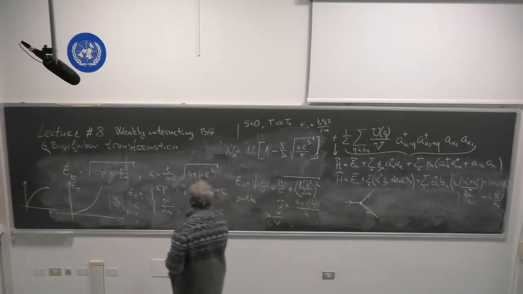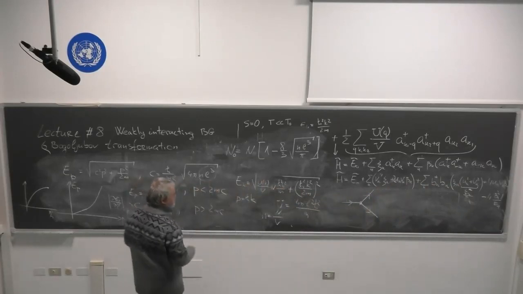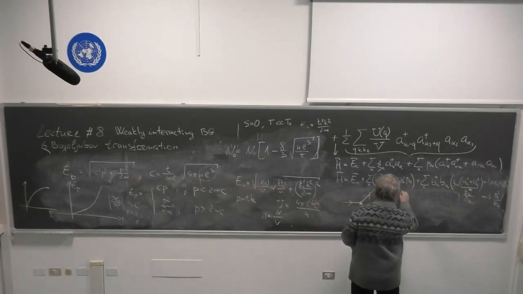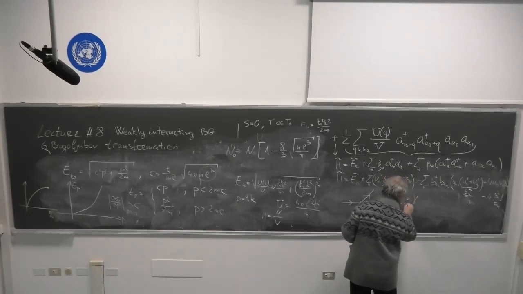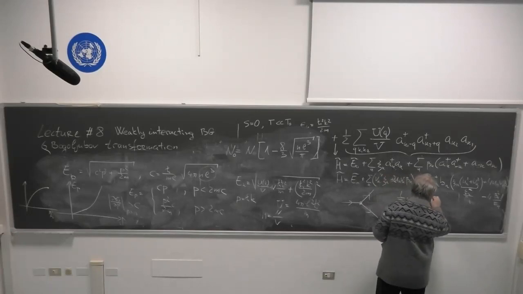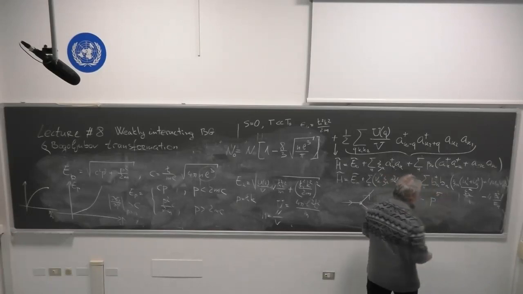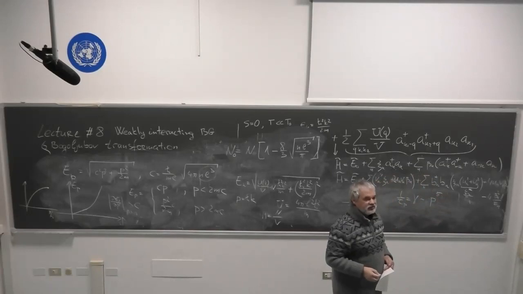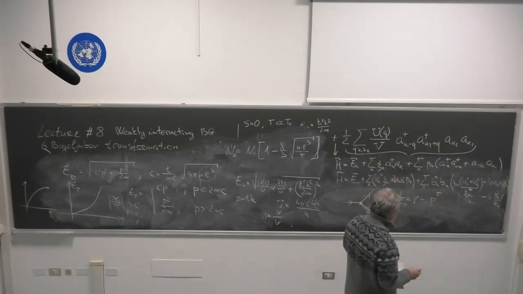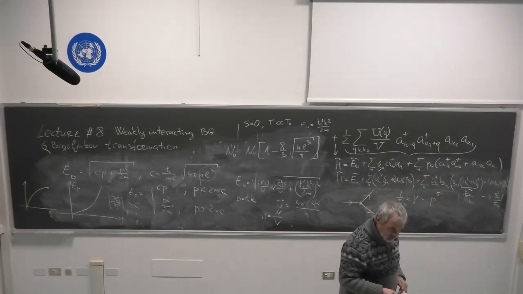In the long wave limit, the energy of the quasi-particles is proportional to the momentum. If you compute 1 over tau, which is gamma, which depends on the momentum p, you will get that this for 0 temperature is proportional to the momentum to the 5th power. Three-dimensional, neutral, weakly interacting Bose gas. And this is the temperature equal to 0 result.